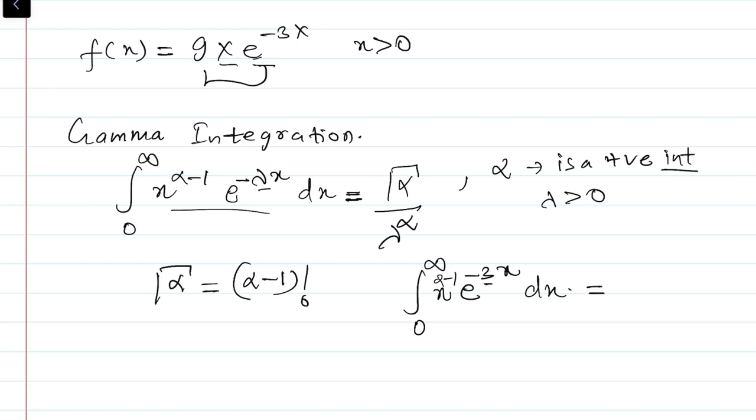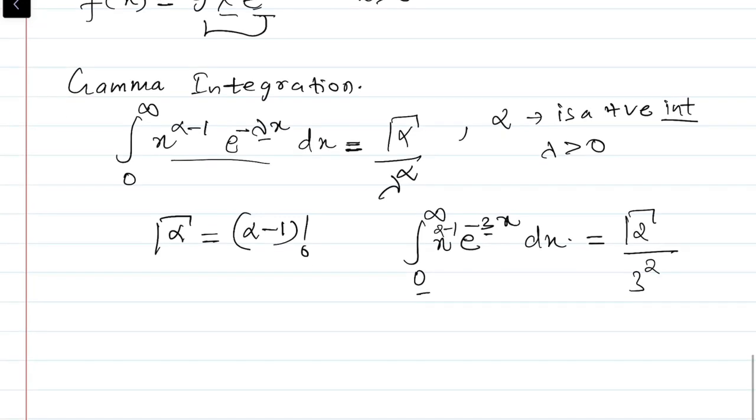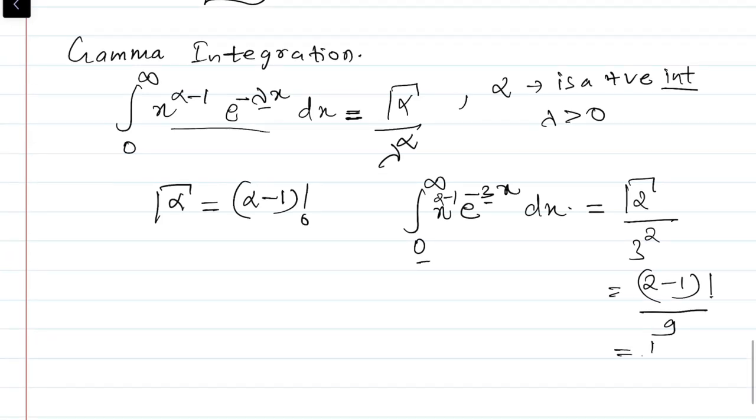So the answer will be gamma 2 divided by 3 to the power 2. This is simply 2 minus 1 factorial, and this is 9. So the answer will be 1 over 9.